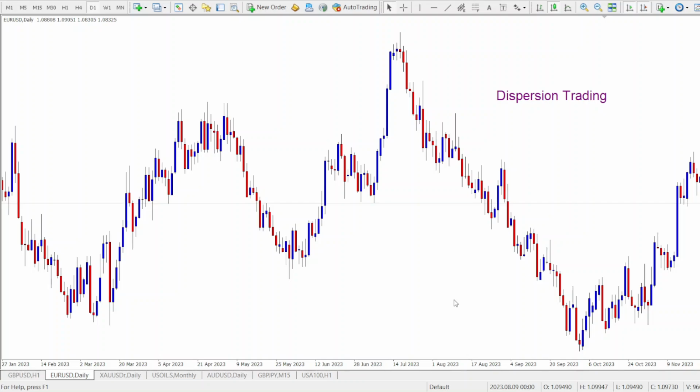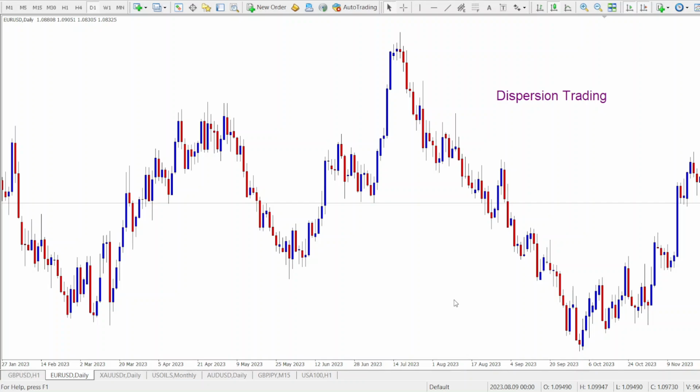So instead of betting on a single direction, like buying if you think the euro will go up against the dollar, dispersion trading uses a different methodology. It involves looking at how different currency pairs behave in relation to each other. So essentially we are looking at the spread of volatility between pairs, not just their price movements.